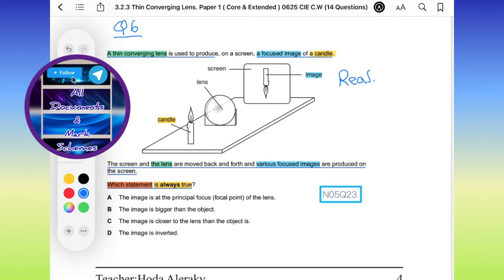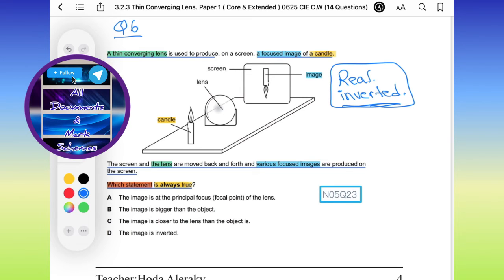In this case, as I told you, real and inverted are best friends. In all the cases you can find that the image is real and inverted. So when you change the location of the lens or the object, all the images formed on the screen are real and inverted.